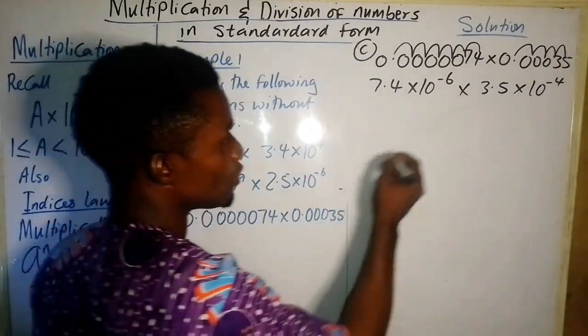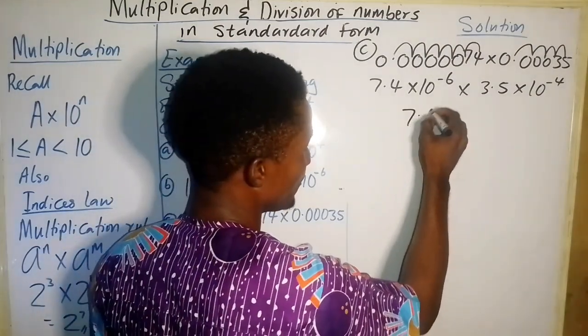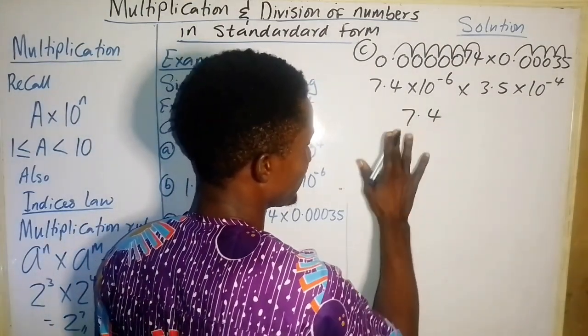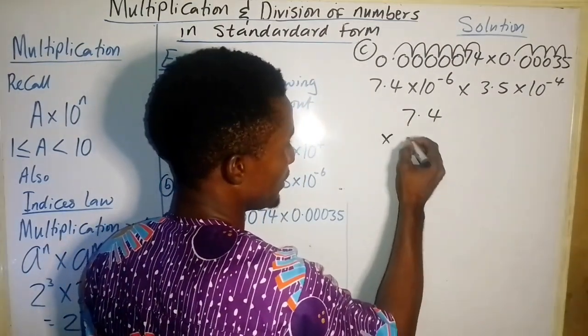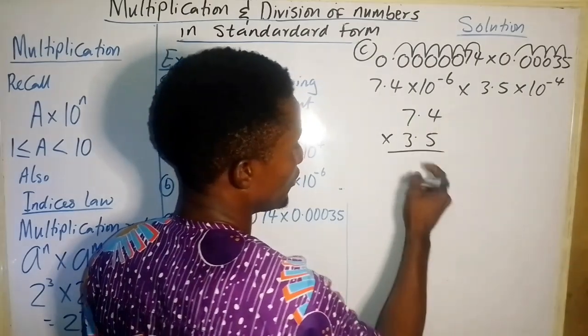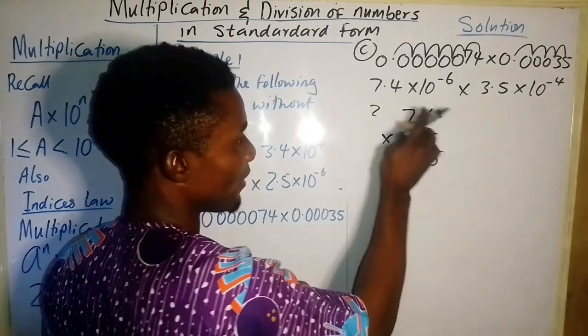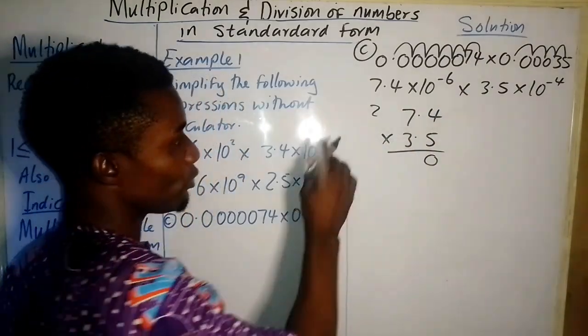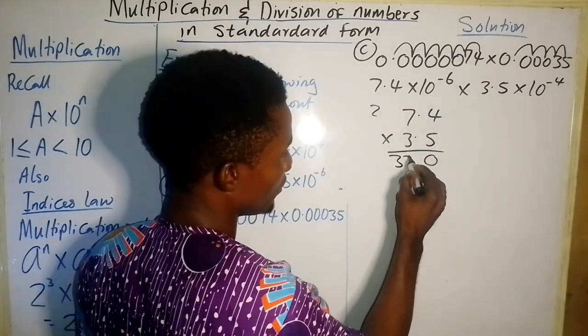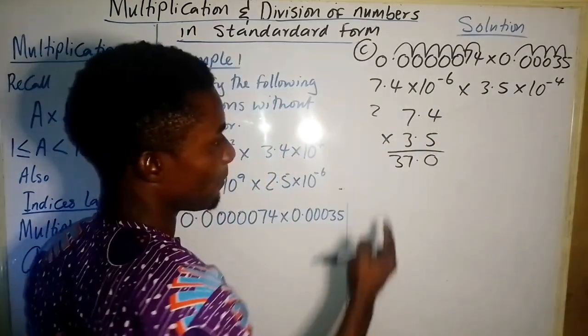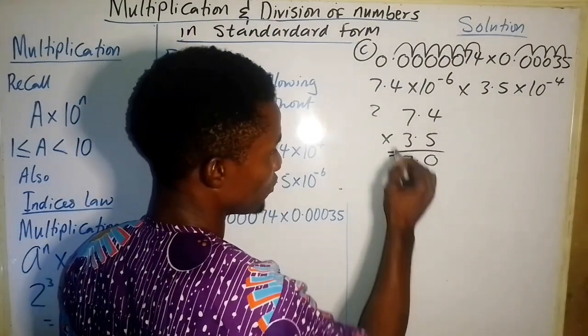Now we've expressed our numbers in standard form. So the next thing we need to do is to perform our operations. So we have 7.4 times 3.5. So 5 times 4, that's 20. You write your 0, you keep your 2. 5 times 7, that's 35 plus 2, that's 37. You put your point. 3 times 4, that's 12.